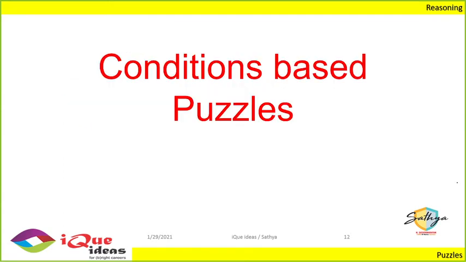Chalo. Now, the next type of puzzles that we will be looking at are known as conditions based puzzles. Till now we saw puzzles in which, based on the set, you could always create the final situation and just answer the questions based on the outcome. But in conditional based puzzles, you cannot have one single answer.